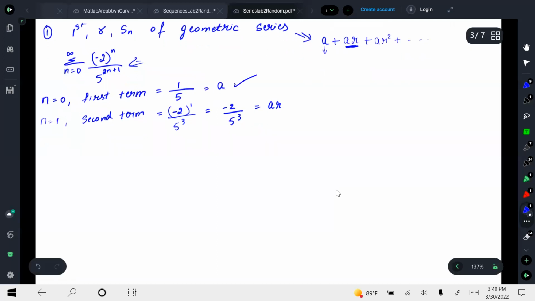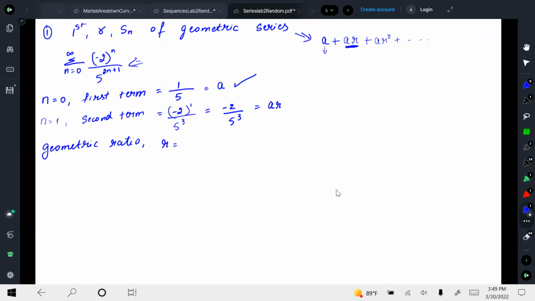Now, the question is, you need to find the first term. We did that. And then you need to find the geometric ratio, that is given by r equal to ar divided by a, the second term divided by the first term.